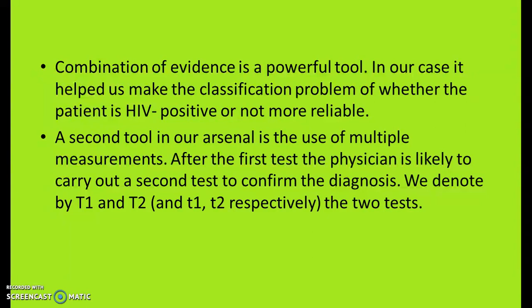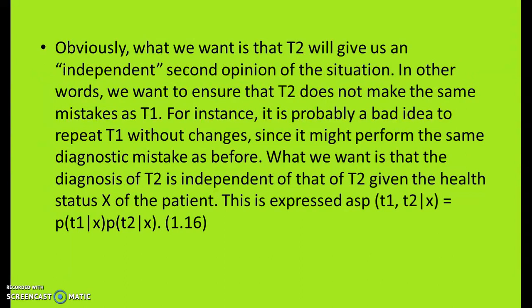A second tool in our arsenal is the use of multiple measurements. After the first test, the physician is likely to carry out a second test to confirm the diagnosis. So we denote by T1 and T2 the two tests respectively. Obviously, what we want is that T2 will give us an independent second opinion of the situation.